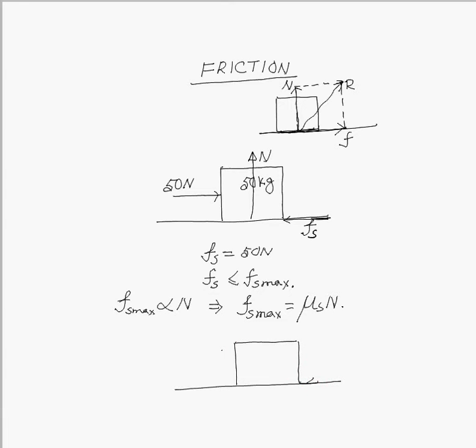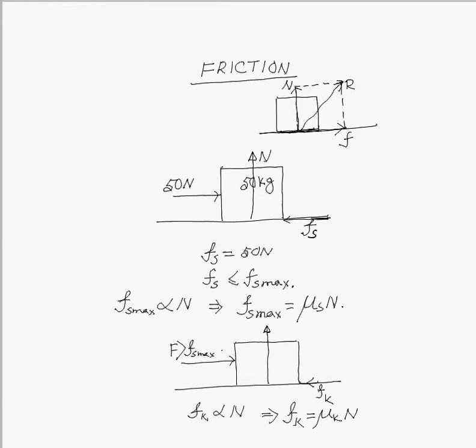This kinetic force of friction is also directly proportional to the normal reaction experienced by the box, and we say that kinetic force of friction is equal to some constant mu k into N, where mu k is the coefficient of kinetic friction.